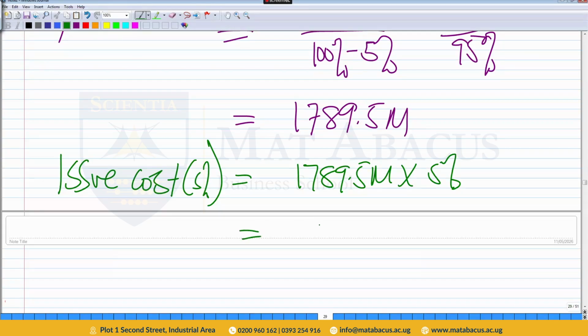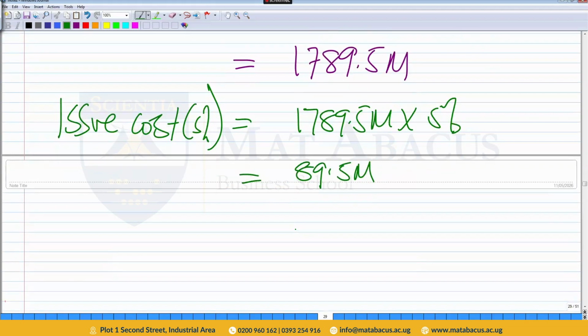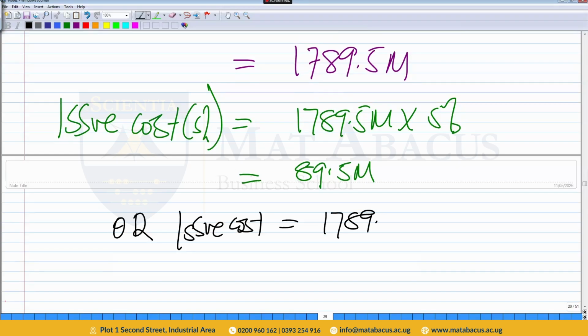The issue cost is going to be 89.5 million. Or someone could have said the issue cost could have been the gross amount, 1789.5 minus what you got. You'll end up with the same figure, 89.5 million.